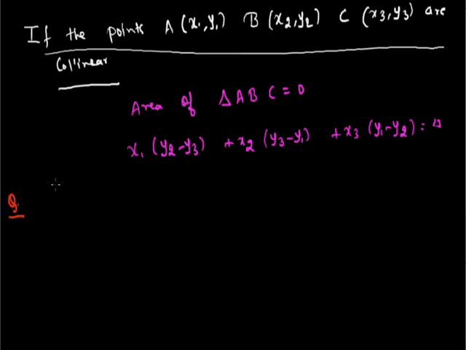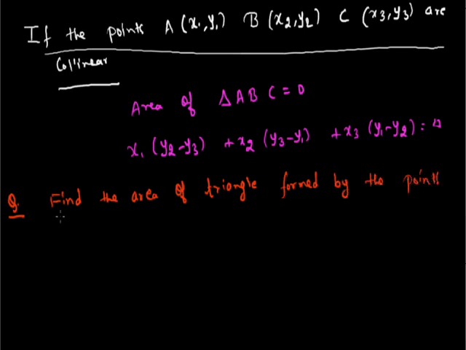First, find the area of the triangle formed by the points A (5, 2), B (4, 7) and C (7, minus 4).